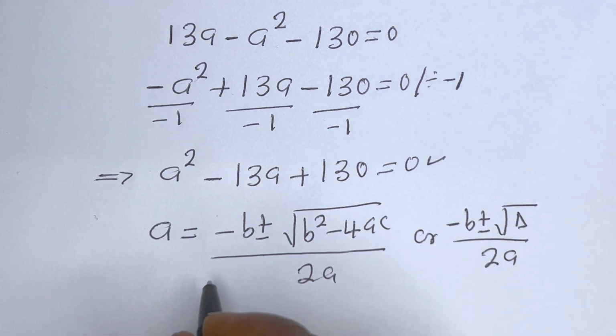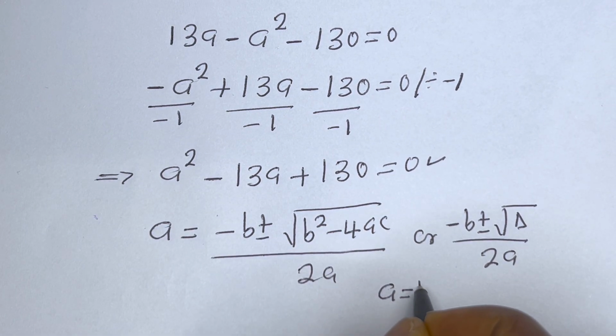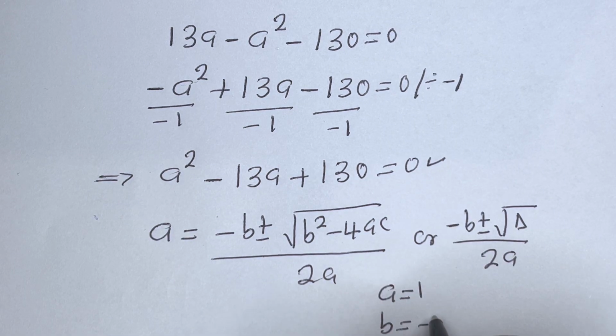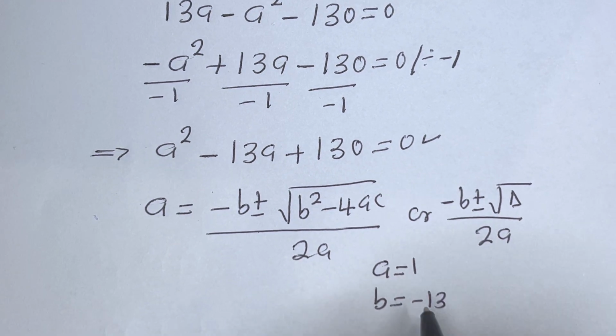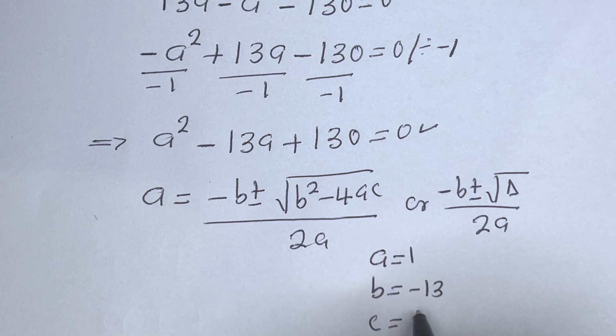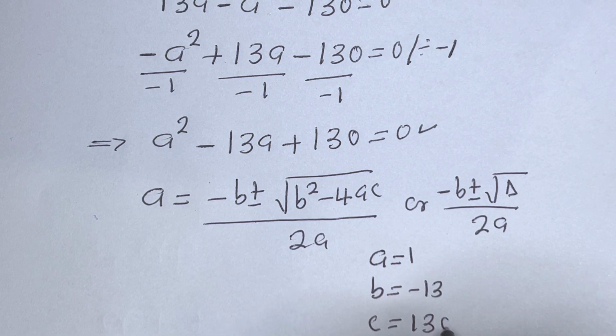Then from this equation, A is equal to 1, B is equal to minus 13, and C is equal to 130.